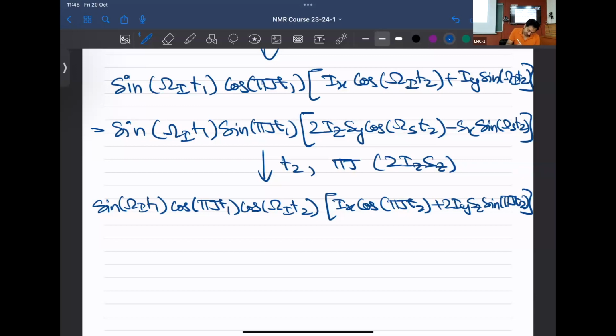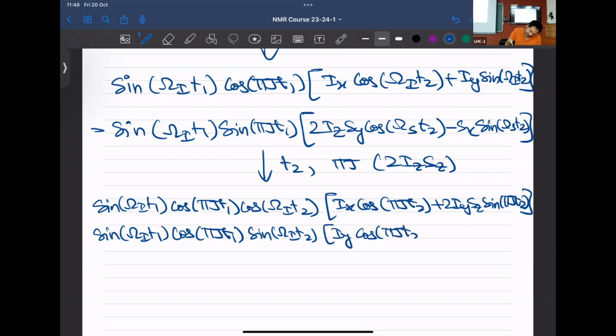Okay, so the next one is going to be sin omega I T1 cos pi J T1 sin omega I T2 Iy cos pi J T2 minus 2 Ix Sz sin pi J T2.